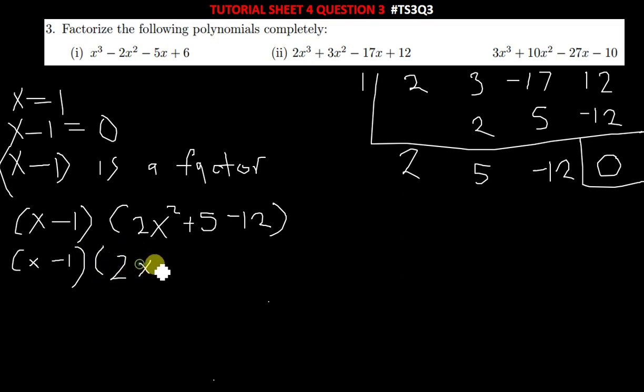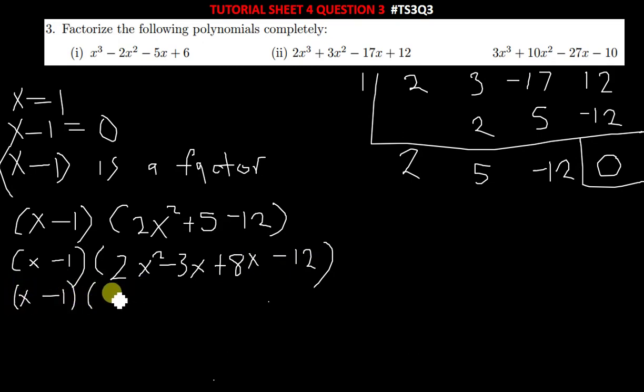So we're going to say 2x squared minus 3x plus 8x minus 12. Then what will happen now is this, you factorize now, so you can open curly brackets like that, then you factorize this.